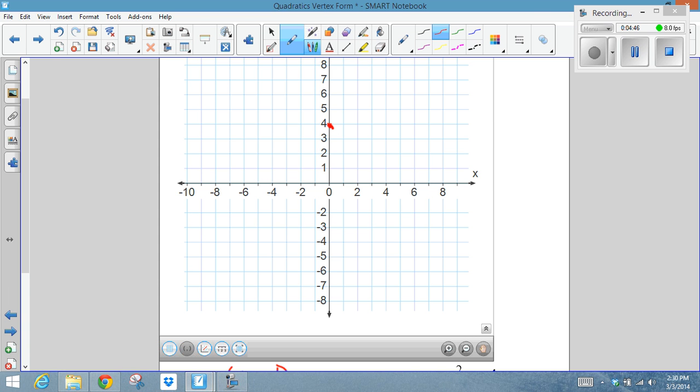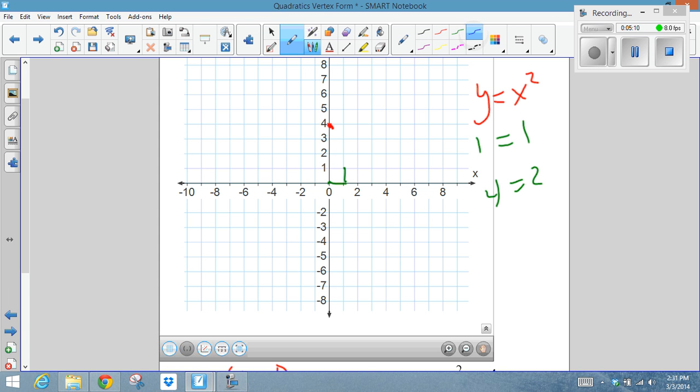If I had just y equals x squared, I would start here in my middle, and I would go over 1, so that means I put 1 in for x. Well, if I put 1 in for x, I get 1 for y, so I would go to (1, 1). Now, if I put 2 in for x, I would get 4 for y.